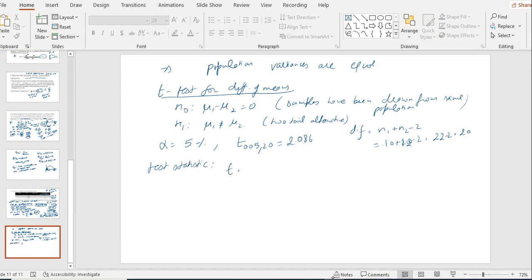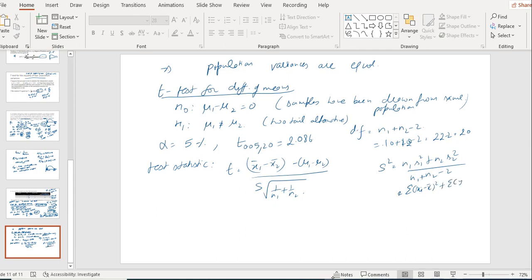It is x1 bar minus x2 bar minus (mu1 minus mu2) upon capital S into square root of 1 upon n1 plus 1 upon n2. So what is capital S square? This is (n1 s1 square plus n2 s2 square) upon (n1 plus n2 minus 2), or summation (xi minus x bar) square plus summation (yi minus y bar) square upon 20.